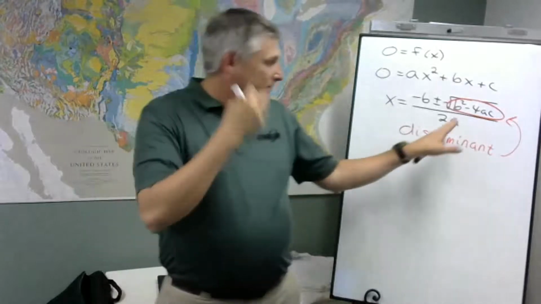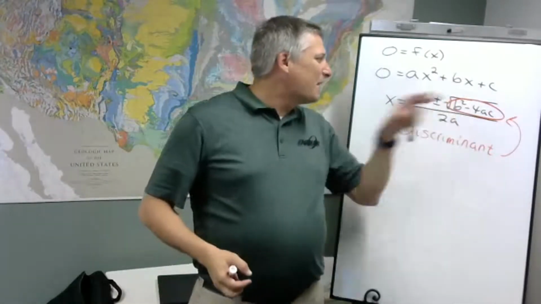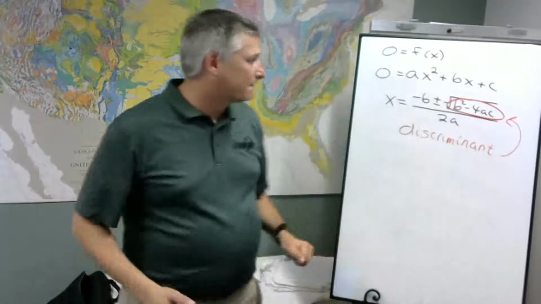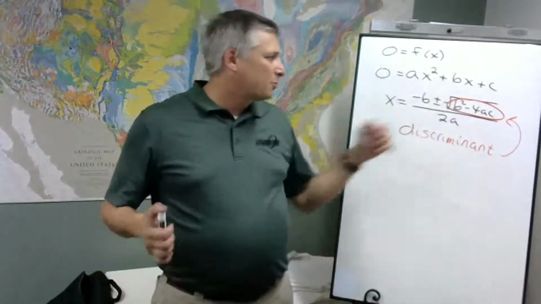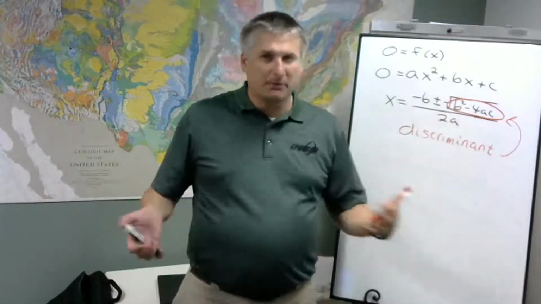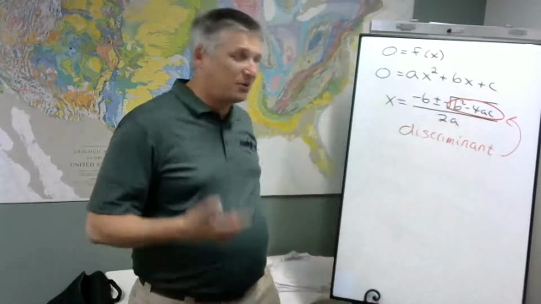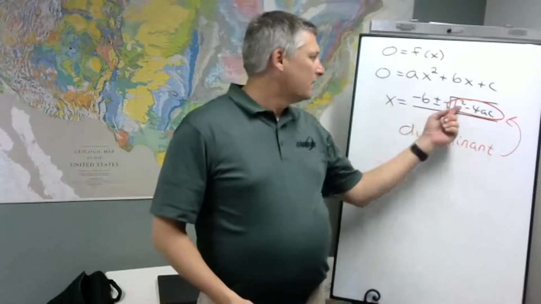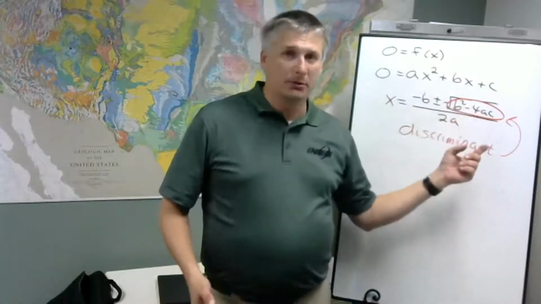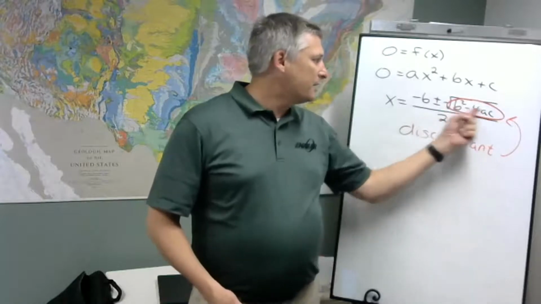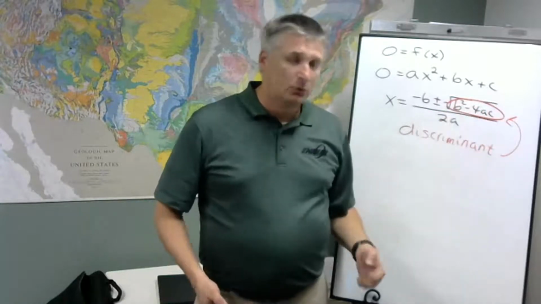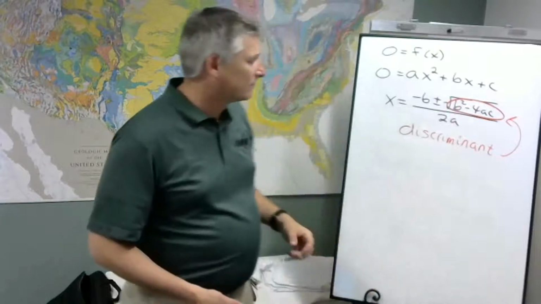And if you notice, it's the insides of that square root. And there's 3 things this typically becomes, or it falls into 3 categories. This will be a positive number, it could be a negative number, or it could be 0.